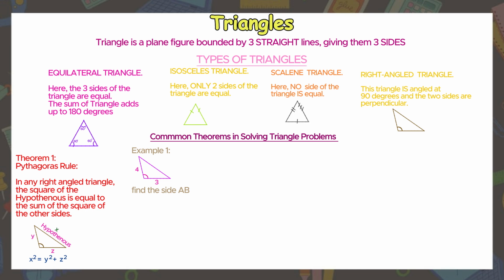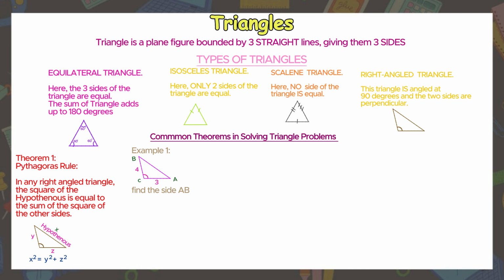Let's say this is A, B, C. Now, this place is unknown, and we have to find the unknown side. That is, find the length of the side AB.